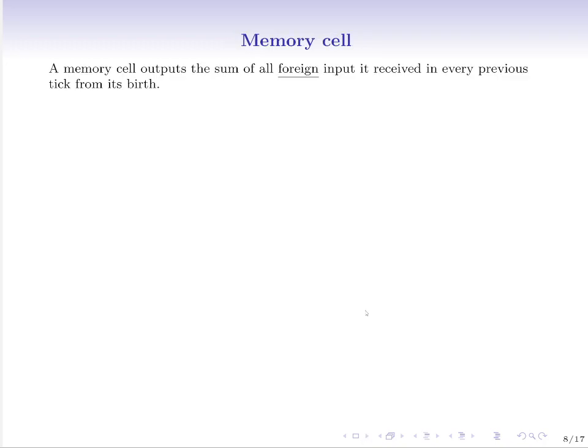Next, we have an example of a memory cell. The memory cell outputs the sum of all the foreign input it receives for every tick since its birth. So what do I mean by that?